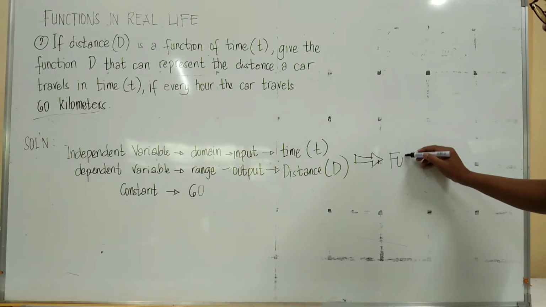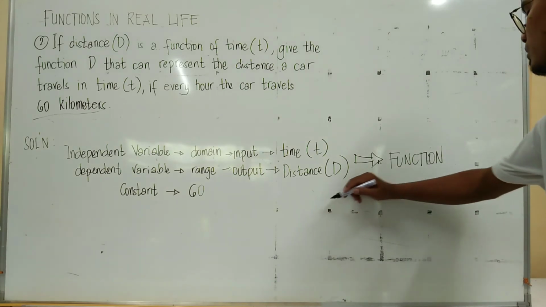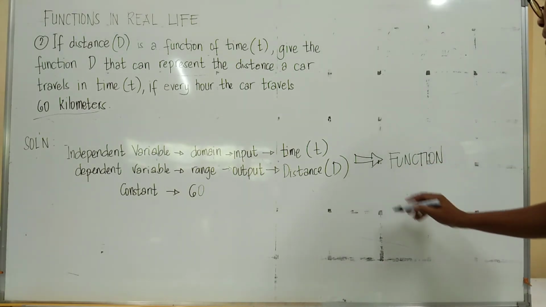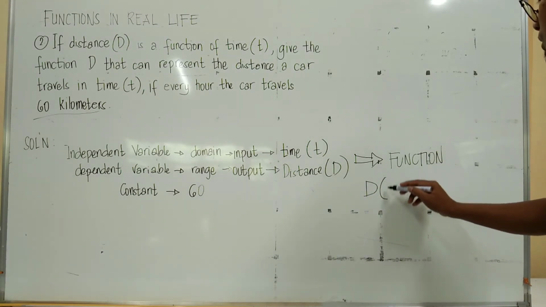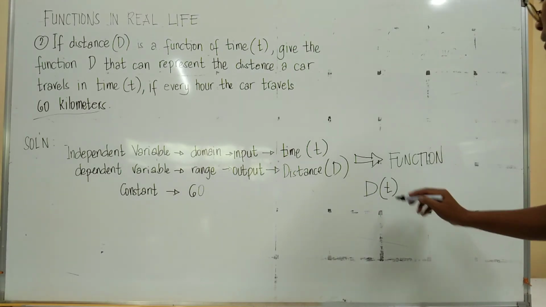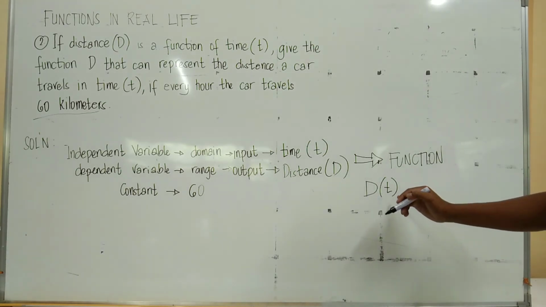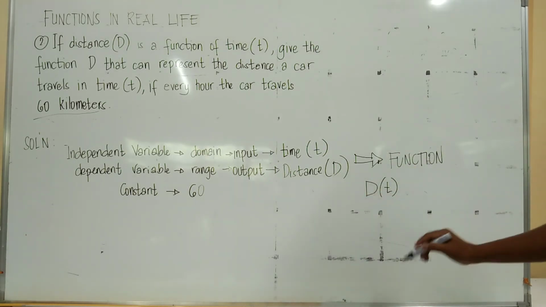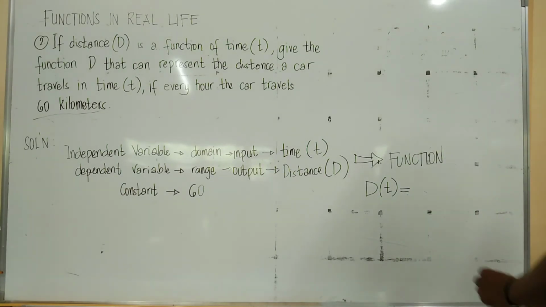So the resulting function will be written this way. We have d of t, or time t, the function of d. Again, this is how we can write your function.